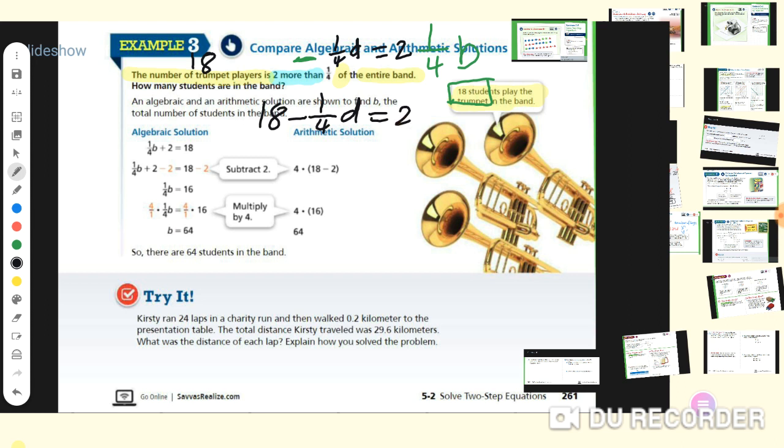I can solve it this way, but in the book, as you see here, he said, okay, if 18 is more than the quarter of the entire band, I can write it as this quarter plus 2 equals 18. It's the same meaning. Yes or no?